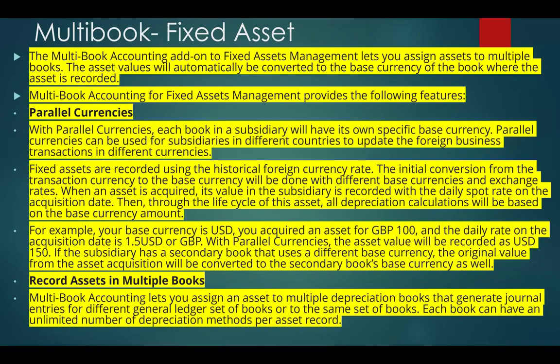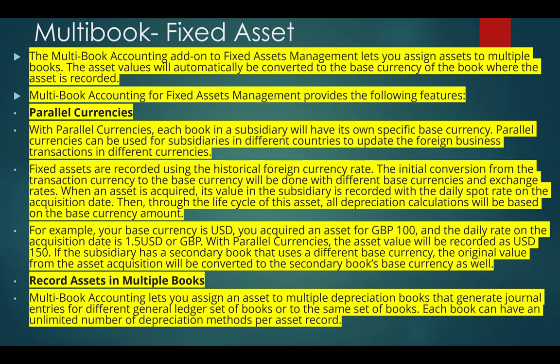Now quickly, the last topic, multi-book fixed asset. If you use multi-book for fixed assets, it allows you to create a fixed asset in parallel currency and to record the asset in the multi-book with different depreciation. Parallel currency means if you have a subsidiary in the US and you purchase an asset in GBP, it will revalue the currency accordingly and exchange it into your secondary or the multiple parallel books as well.